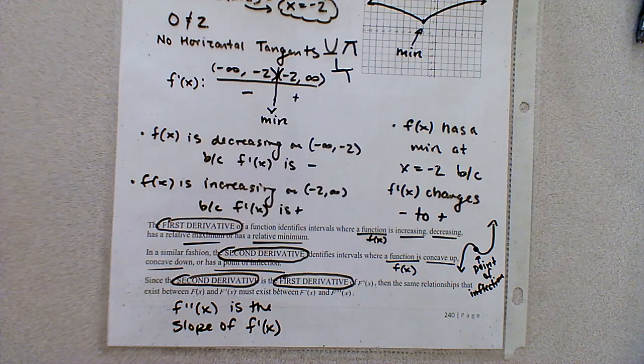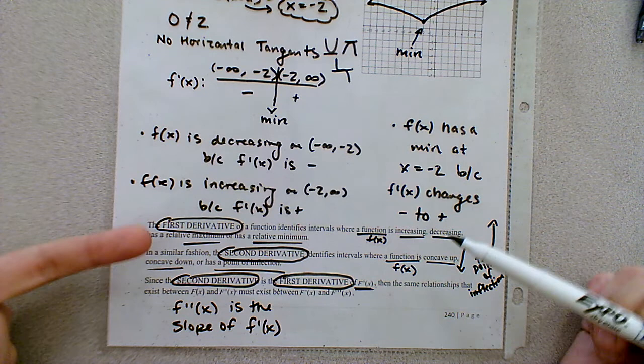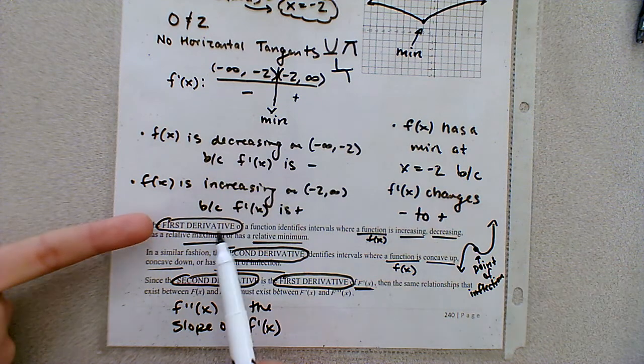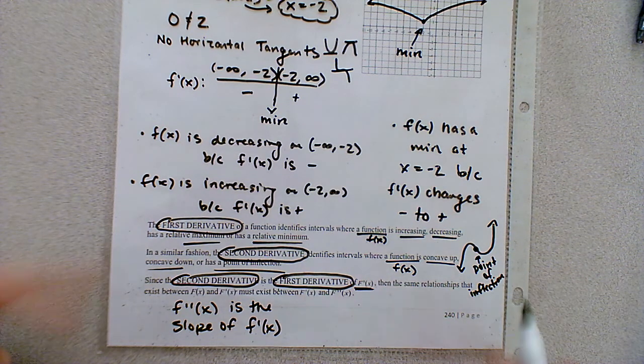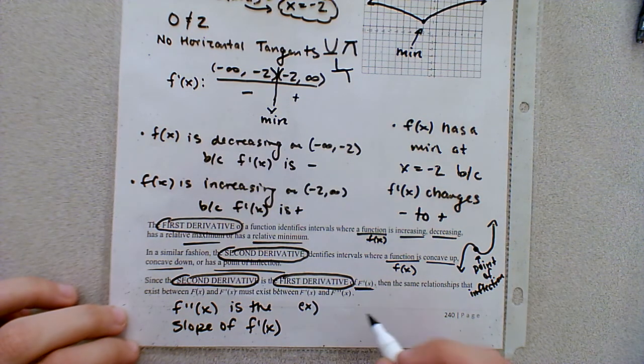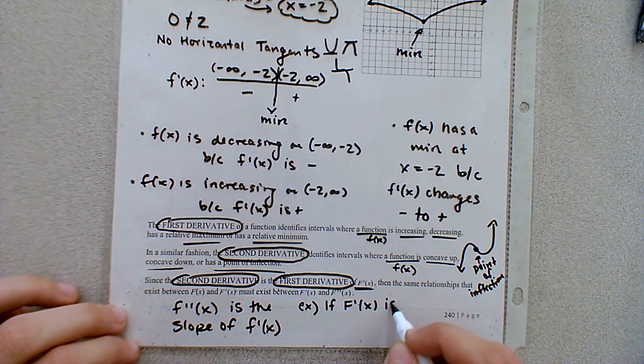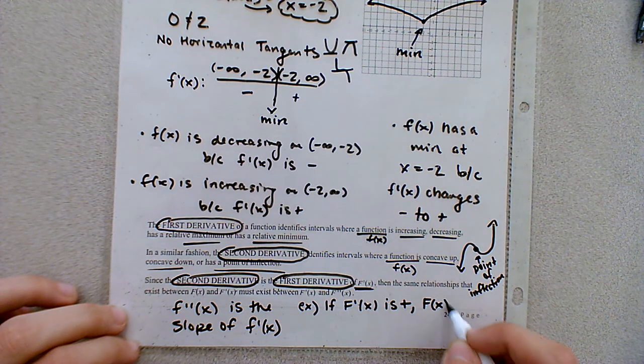You're taking the slope of a slope. So since the second derivative is essentially a derivative of the first derivative, it has the same properties as the first derivative has with f of x. If I do a quick example, for instance, if the first derivative is positive, we know the original function is increasing.